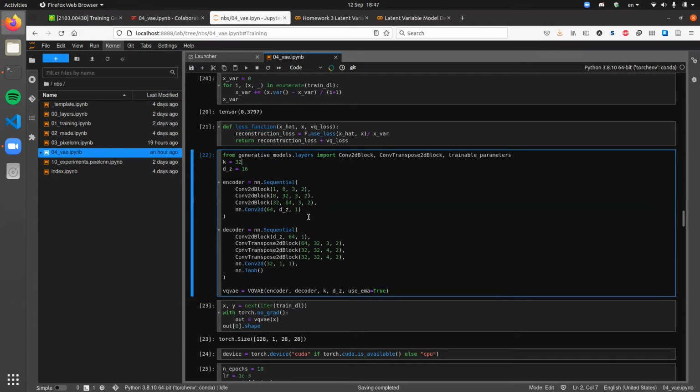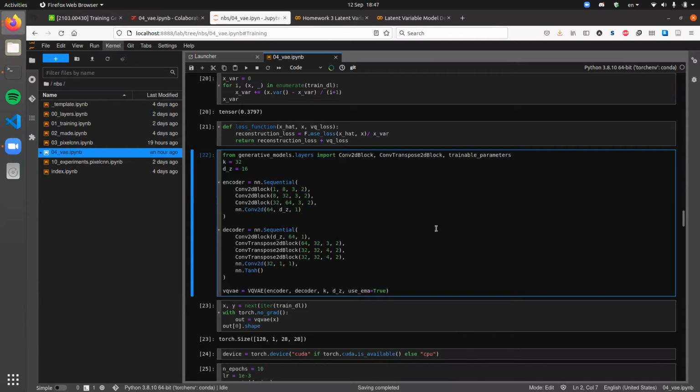And another dimension, which can be thought of independently of the data compression, is the actual size of the code. So in this case, we have a code which is a 4 by 4 matrix, and it can have values from 0 to 32 excluded.